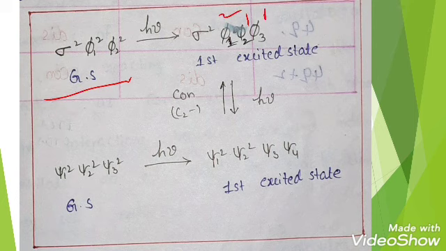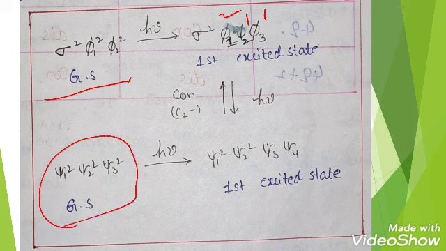This is the first excited state of the cyclohexadiene system, and this is the ground state electron configuration of hexatriene, psi 1 2, psi 2 2, psi 3 2, which on irradiation changes to psi 1 2, psi 2 2, psi 3 1 and psi 4 1.